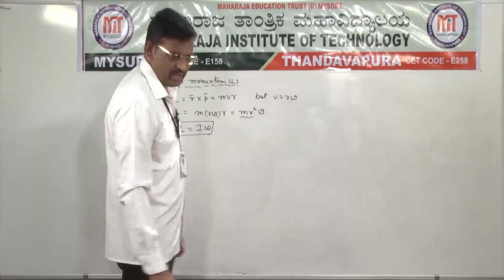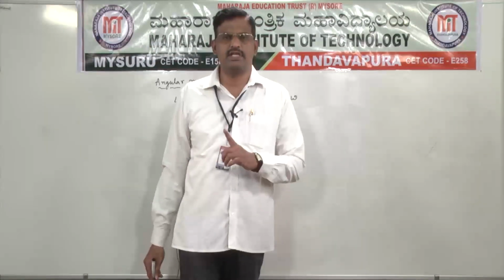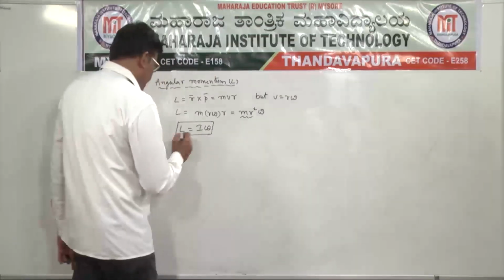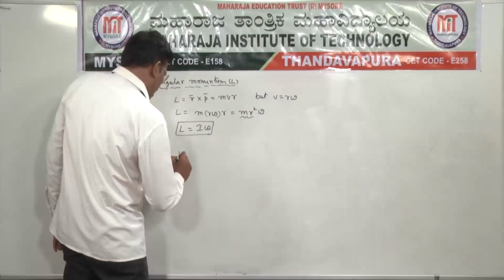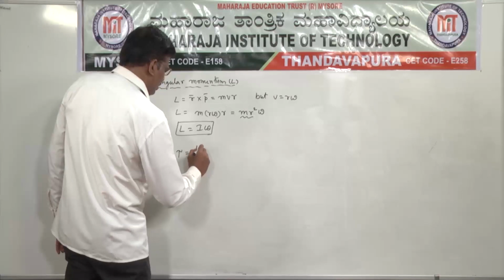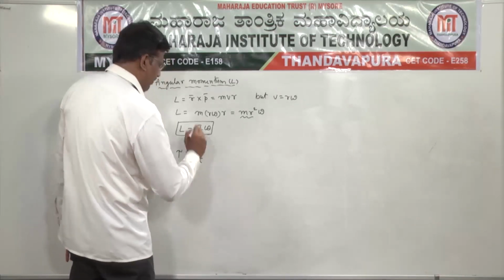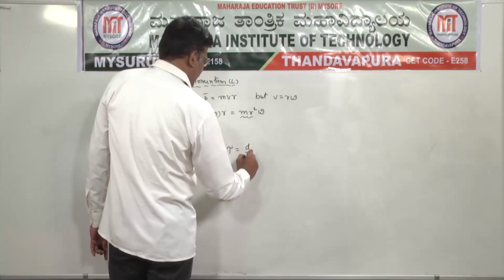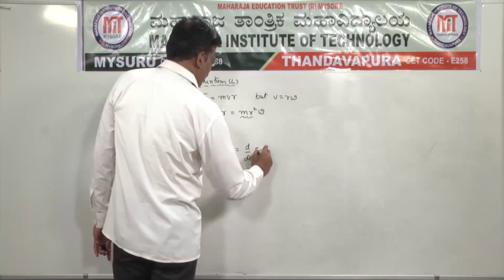In translational motion, we have the formula F is equal to dp by dt according to Newton's second law. Here also we can write torque is equal to dL by dt, or tau is equal to d by dt of I omega.